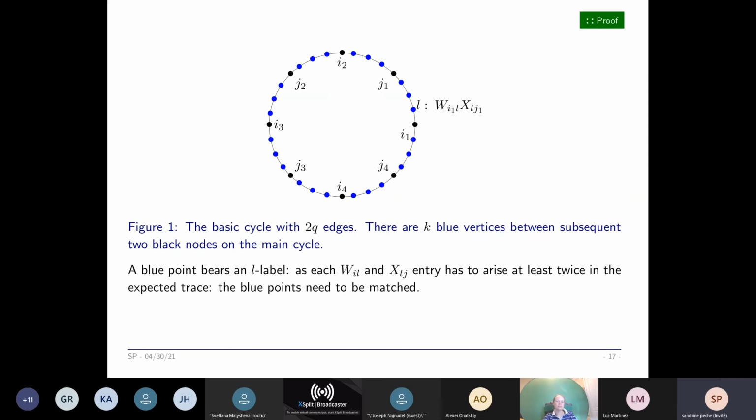Each blue point has a meaning. So we come back to Wigner's proof, and we use the fact that all the entries are independent and centered. So we have to match the blue points in such a way that each of the W entries and X entries has to arise at least twice. Okay, and let me go to the next slide.